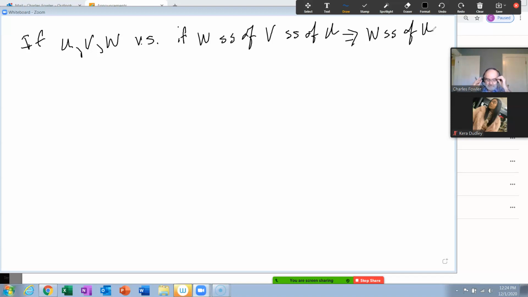Now, if V is a subspace of U, that means all the things must work for every element in V as well. Well, all the elements in W are elements in V, so W has to be a subspace of U. All right.